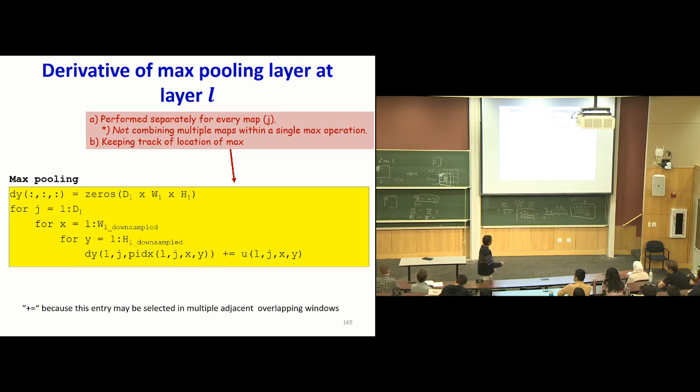Okay. Now I'm using a plus equal to simply because after strides, a specific location in a y map may occur in multiple windows as you go forward, right? So a particular y location may contribute to multiple outputs in the downsampled map. So this shows a plus equal to.